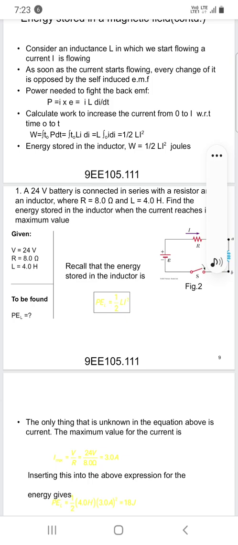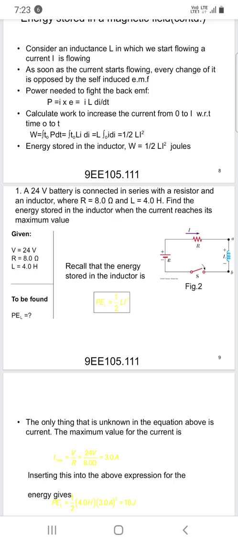So the work is equal to the integration from 0 to t of L into I into di by dt. L is a constant parameter, so it will be common, and we integrate I into di.